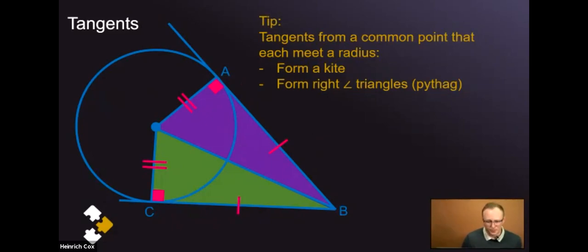So for example, what often happens in analytical geometry is you know the coordinates of this point here, the coordinates of this point here, you don't know A, but you do know the length of the radius. I mean, you can use the distance formula to find the length of this. The radius is this. And then because of what we've just discussed, you can conclude that that is going to be something you can find using Pythagoras.